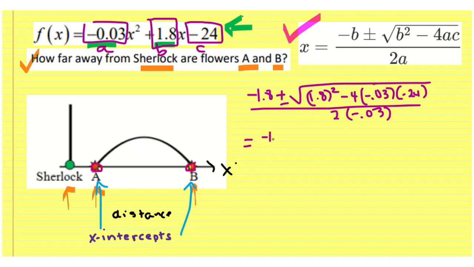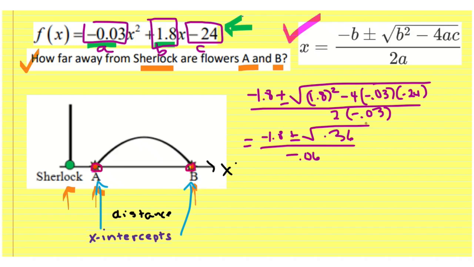So I've got negative 1.8 plus or minus, and when I crunch all of this under that radical, it is going to give me 0.36. And then all of that in the denominator, 2 times negative 0.03 is going to be negative 0.06.